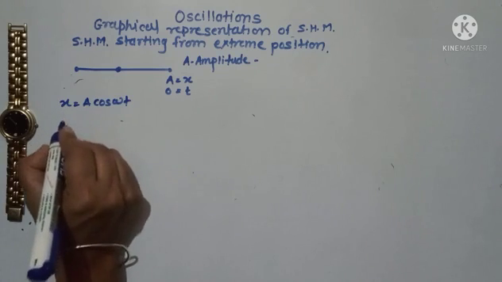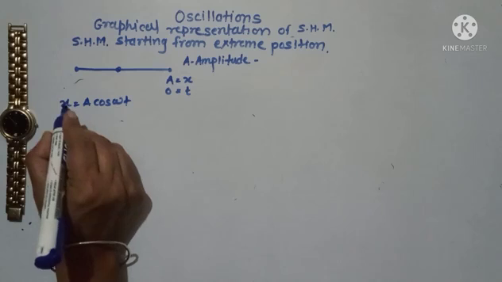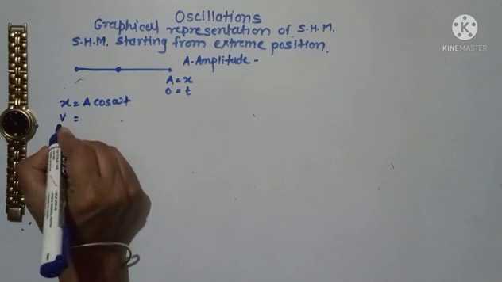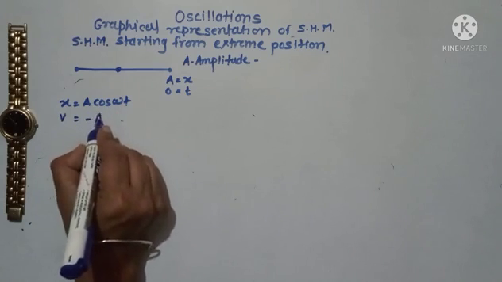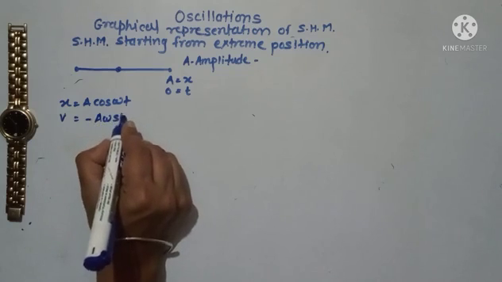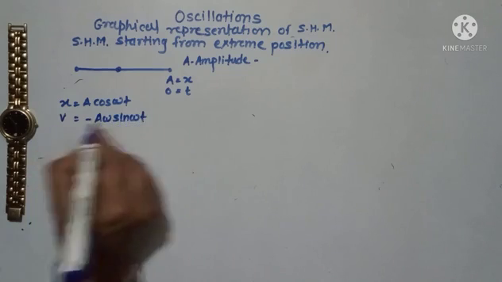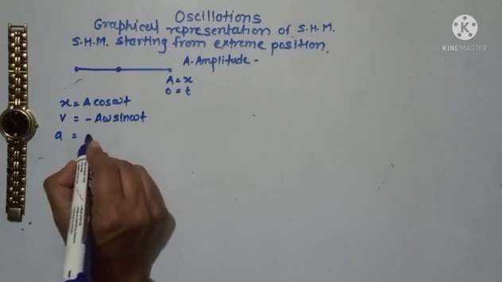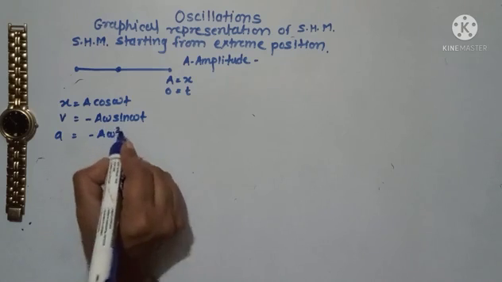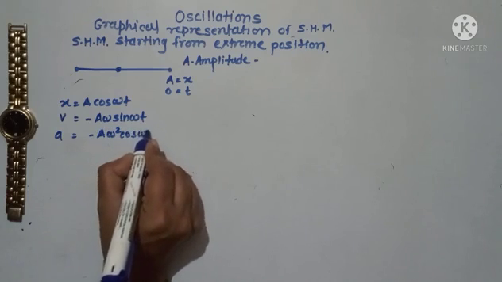I can write velocity from this. So rate of change of displacement with respect to time is nothing but the velocity. If I take differentiation of this, minus a omega sine of omega t, this is nothing but the velocity, and acceleration will be minus a omega square cos of omega t.